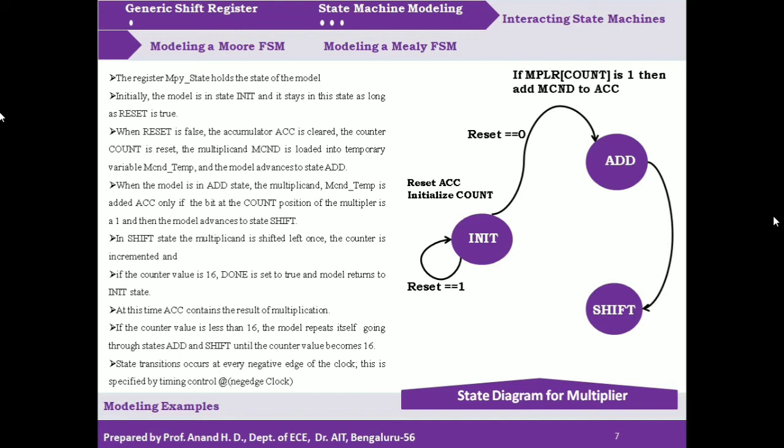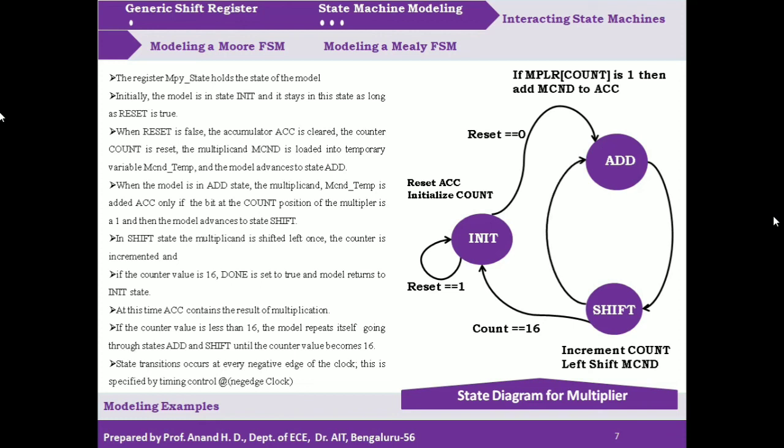In shift state, the multiplicand will be left shifted once and the counter will be incremented by 1. And then it is going to check, after incrementing count, whether the count has reached 16. If it is equal to 16, then there will be a state transition back to the first stage, that is the initial stage. If the count is not equal to 16, then there will be a state transition back to add state.